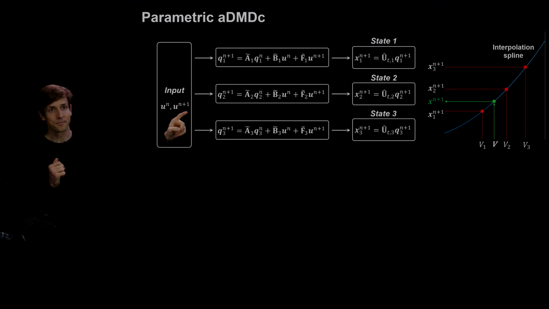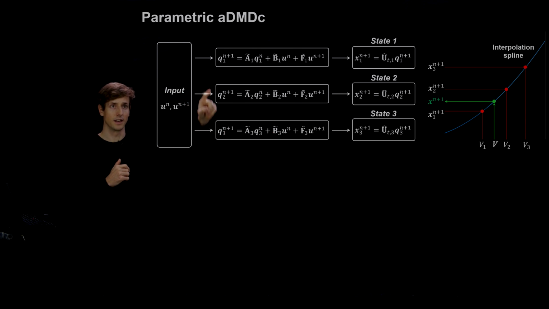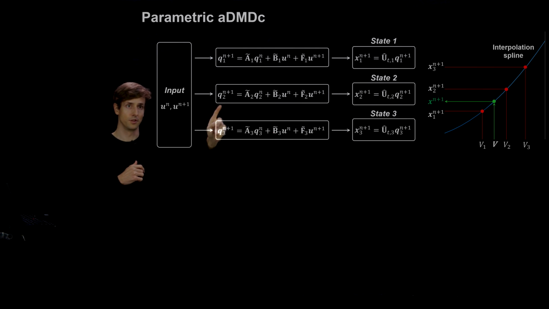So what we do is we have our inputs. Then in this schematic we have 3 local models, 1, 2, 3.